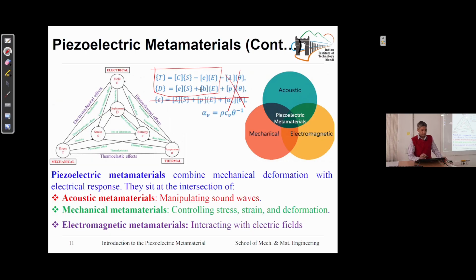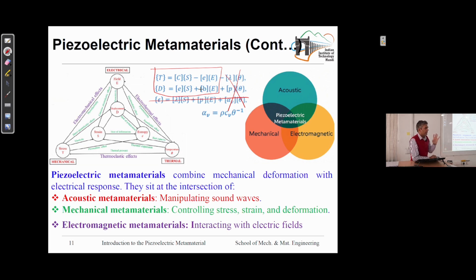Now, interestingly, the piezoelectric material comes under three domains. Like you have seen, we have seen electromagnetic, mechanical, acoustic and thermal, right? Of course, there are many more.